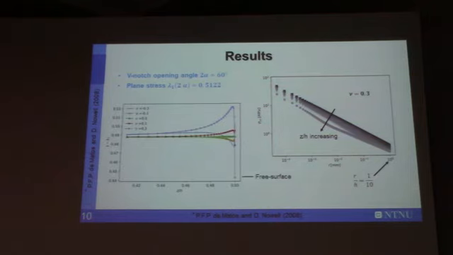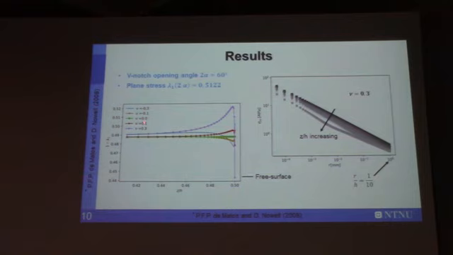So here we have the strength of the singularity of the stress field, 1 minus lambda 1, along the thickness of the plate for different values of Poisson's ratio.